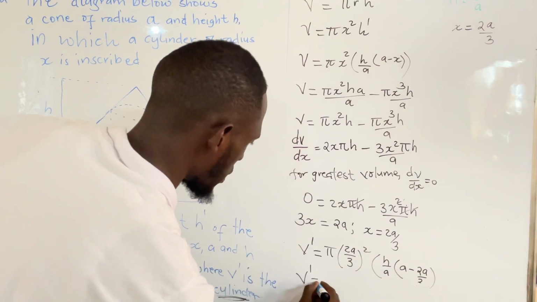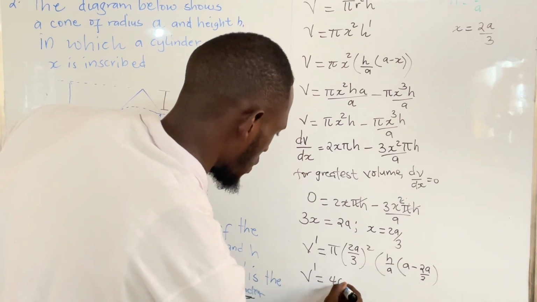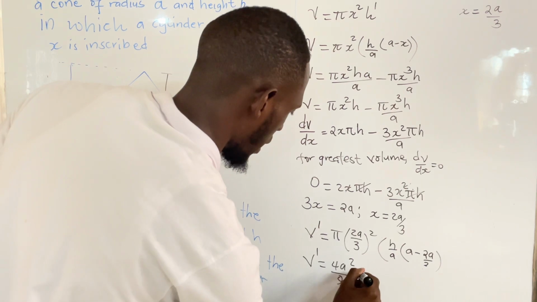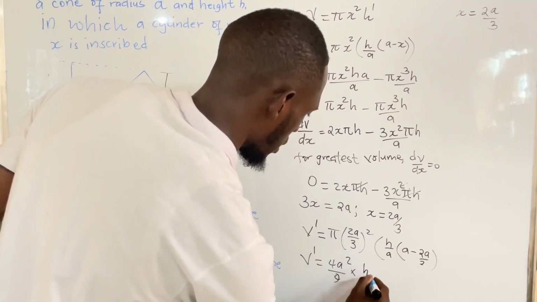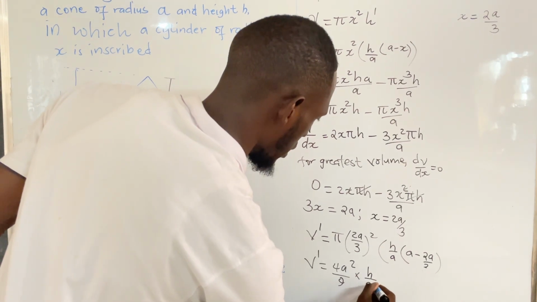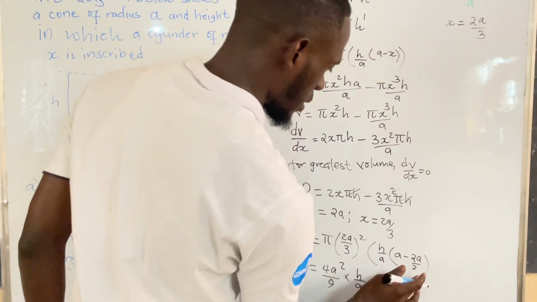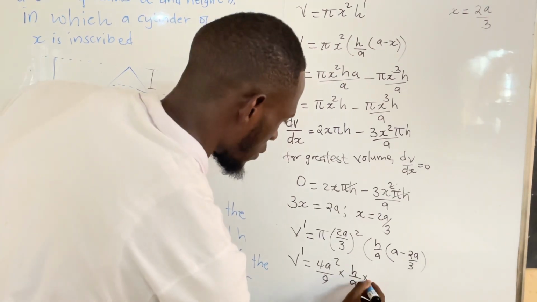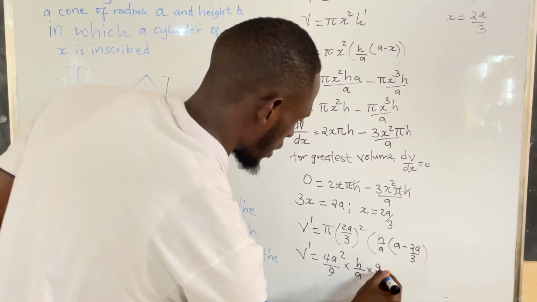Now V prime is going to be equal to 4a squared over 9, multiplied with h, that is common, h over a, times 1 minus 2 over 3, which is 1 over 3, but we have a in the numerator, a over 3.